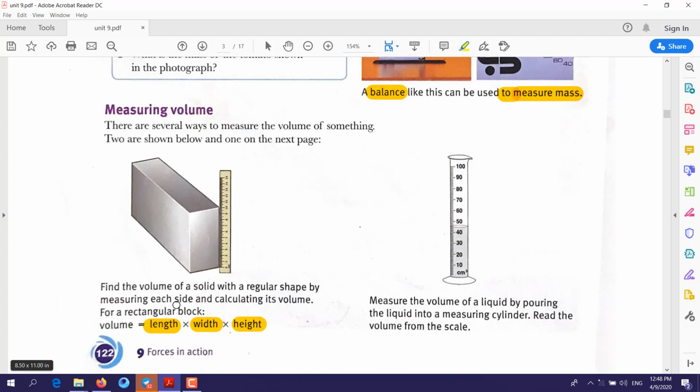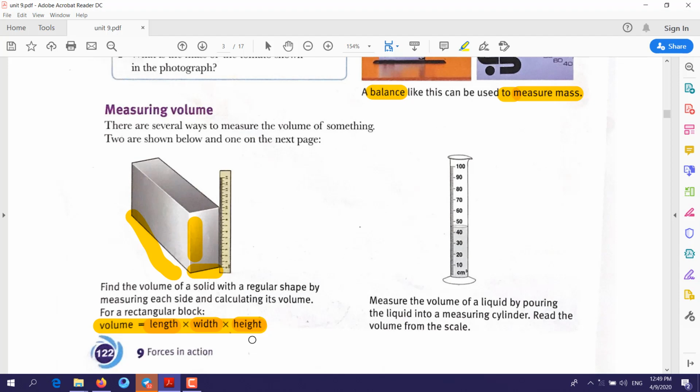This is the length, this is the width, and this is the height. So by using a ruler, we can find the length, width, and height. So how will we find the volume of this object? By using this formula: volume equals length times width times height.